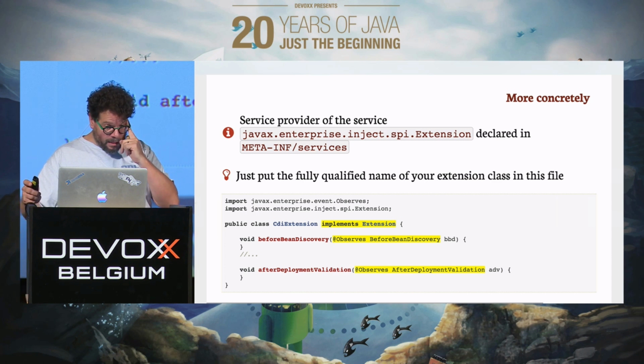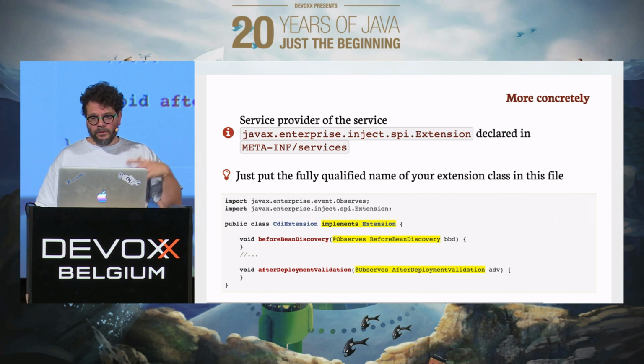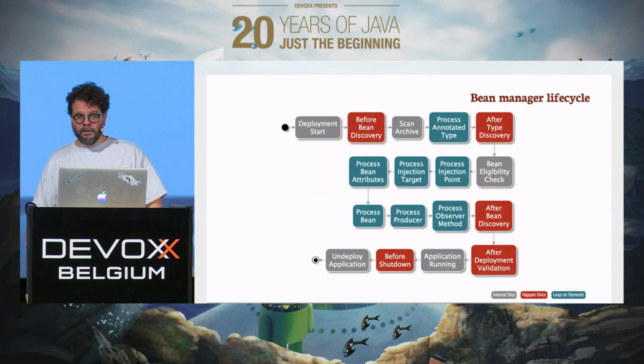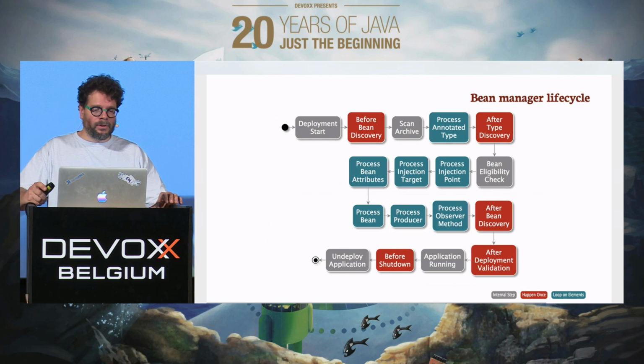And in this class, you will observe one or more of these events triggered at container bootstrap. So if we look at the container lifecycle, you have a lot of steps in the bootstrap of your application.